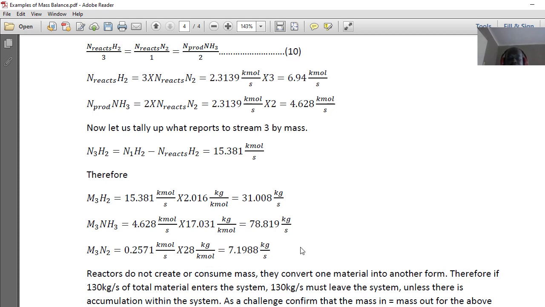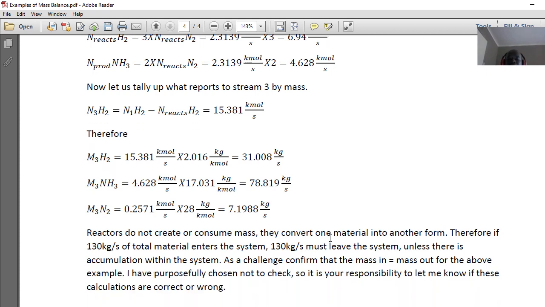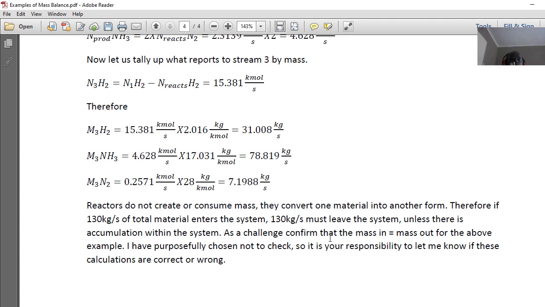So where is the inert? Well, that's a little challenge that I've got for you. Whether it's reactive or not, unless there is accumulation within the reactor, the amount by mass that comes into the system must be equal to the amount of mass that comes out of the system. This is not a nuclear reactor. Nothing disappears within the reactor.